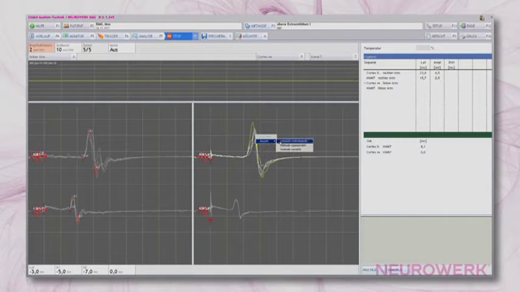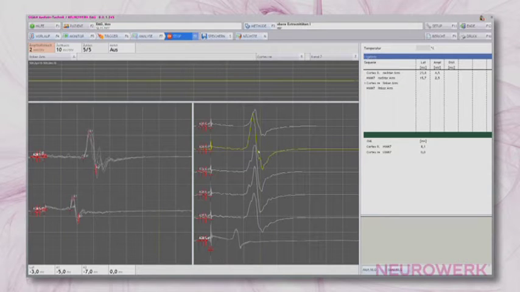Both latency and amplitude are evaluated. To calculate the central motor conduction time, the shortest cortical and the longest peripheral latency should be used.